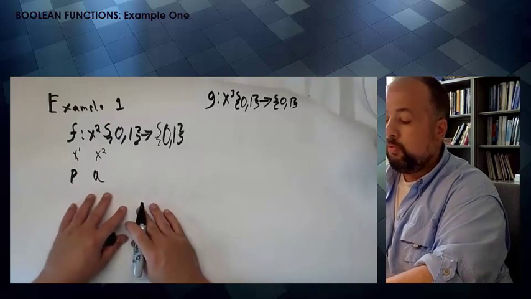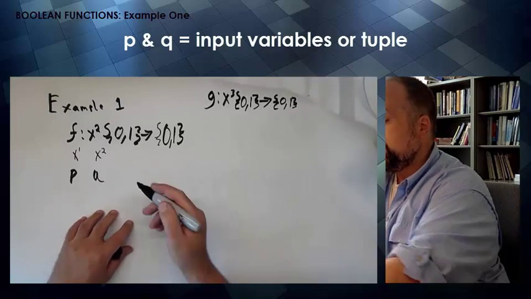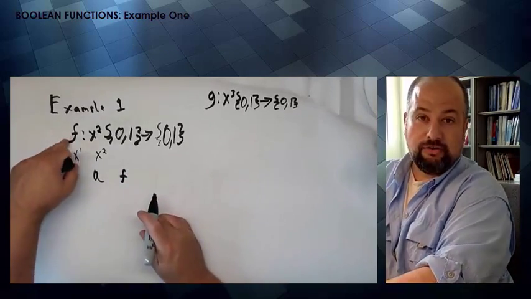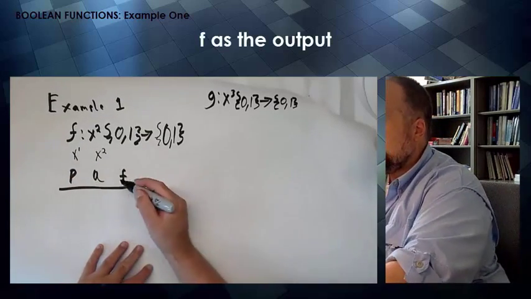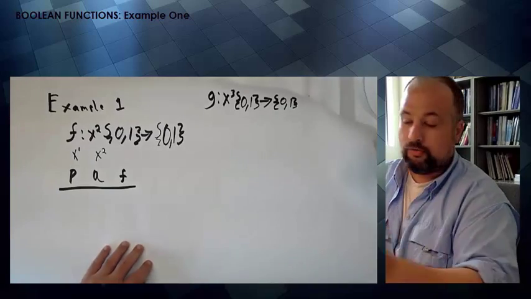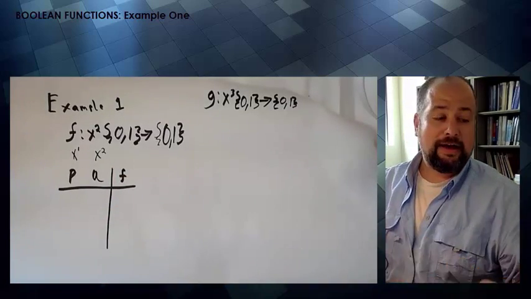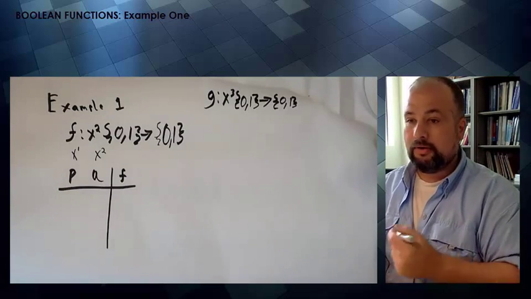So p and q will be our input variables. Those will be the values in our tuple, and then we'll usually use f, because our function is defined as f, as the output. And then when I do a truth table, I always draw a bar there. I noticed the book did not, so don't worry about it too much.